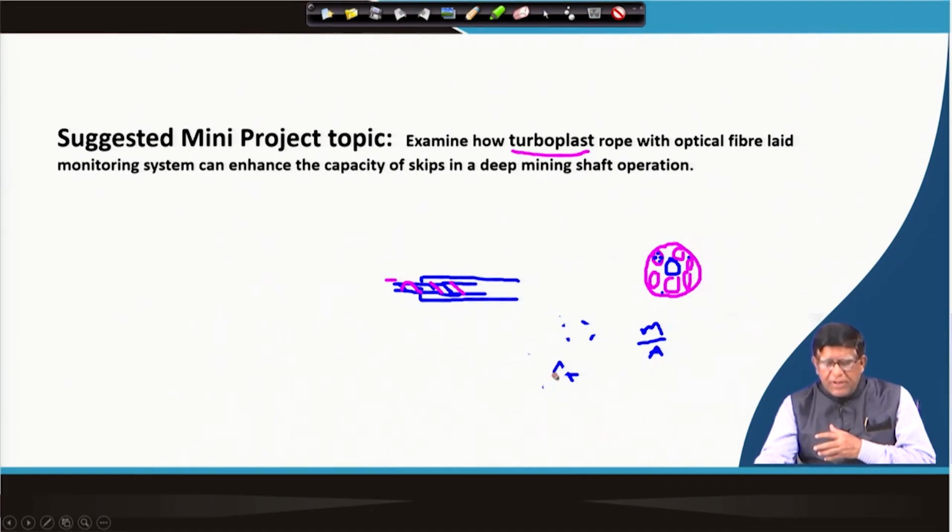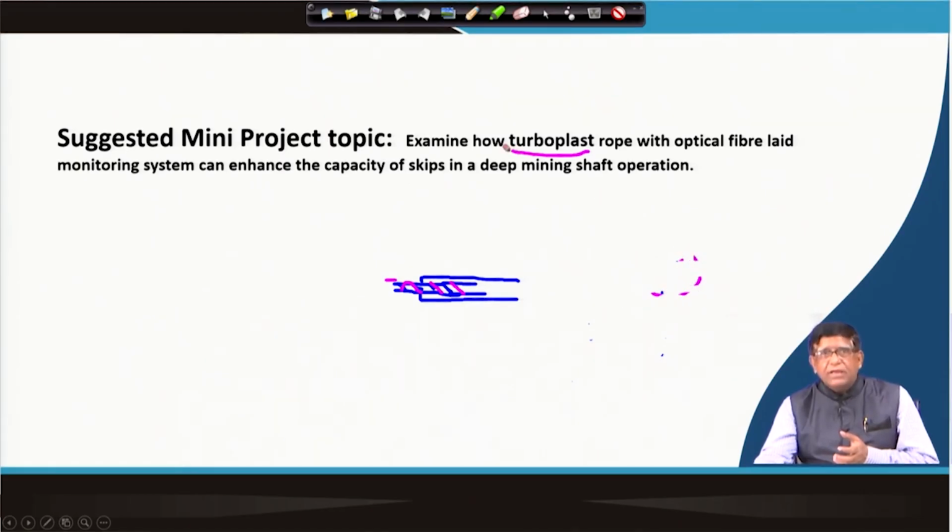There is also a provision to have a fiber optic laid down, so that it can give measurements, collecting data. If you are going to a very deep mine, the data can be collected through that, and the whole winding system can be modernized.